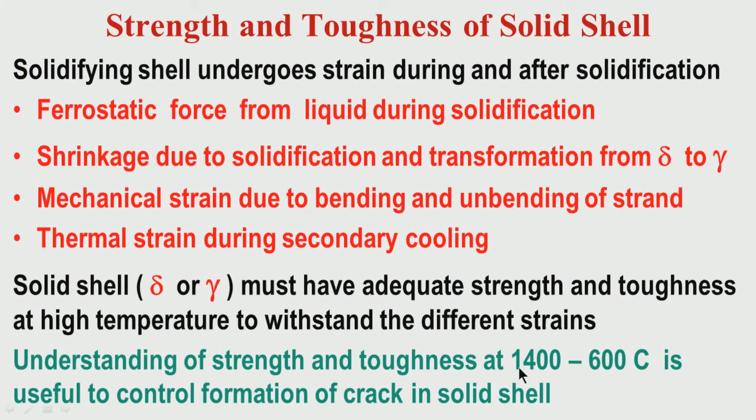That is why I have mentioned this temperature range of 1400 to 600 centigrade. In this temperature range we have to be careful, we should know what is the strength and toughness of the solid shell, whether it can withstand the stress or strain which is continuously forming during solidification and even subsequent to solidification during secondary cooling. So we have to be careful about that.